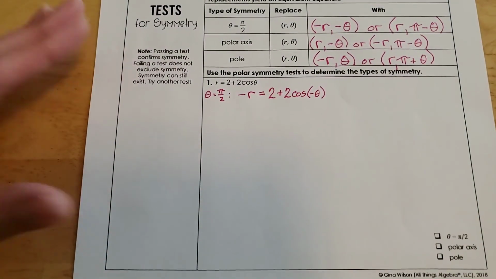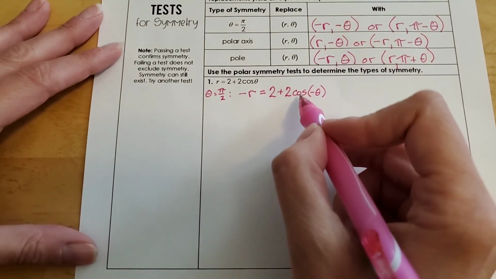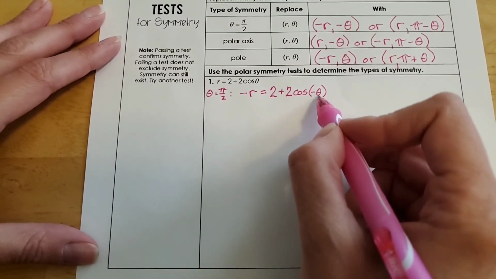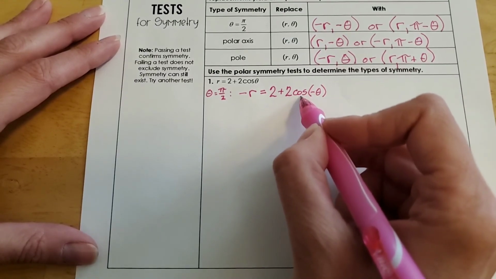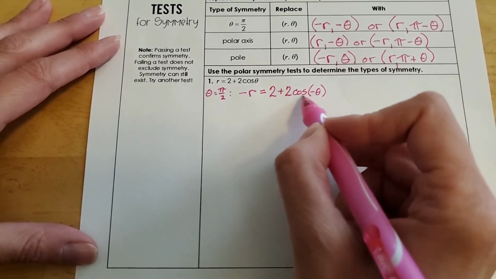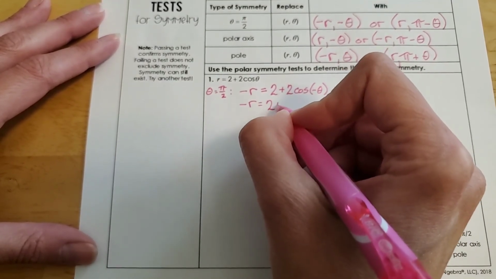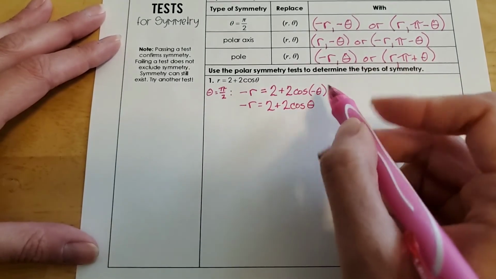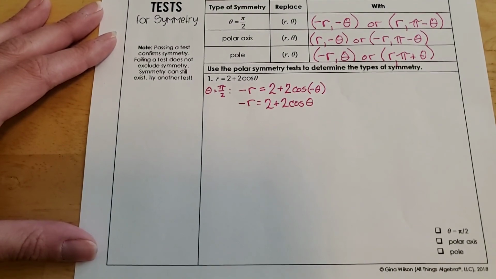All right. Now this is where I use those trig identities we started off with, the odd and the even. Because notice we have the cosine of negative theta. Well, cosine is an even function. So if you put in the opposite angle, you're still going to get the same output as cosine of theta. So I can just call this 2 plus 2 cosine of theta. Because cosine is even, opposite inputs give you the same results.